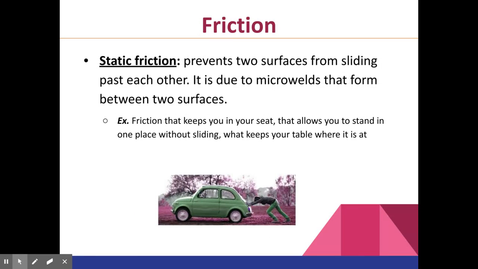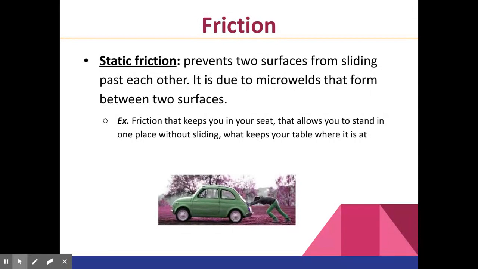Static friction is just the friction that prevents two surfaces from sliding past one another. That would be anything that keeps something from moving, really. It's the friction that keeps everything standing still. It's due to the micro welds that form between two surfaces.